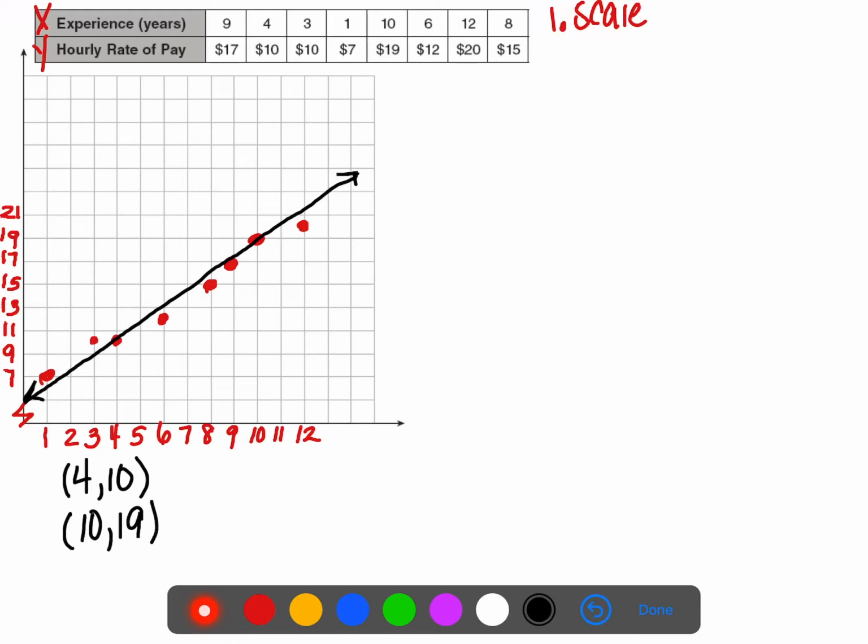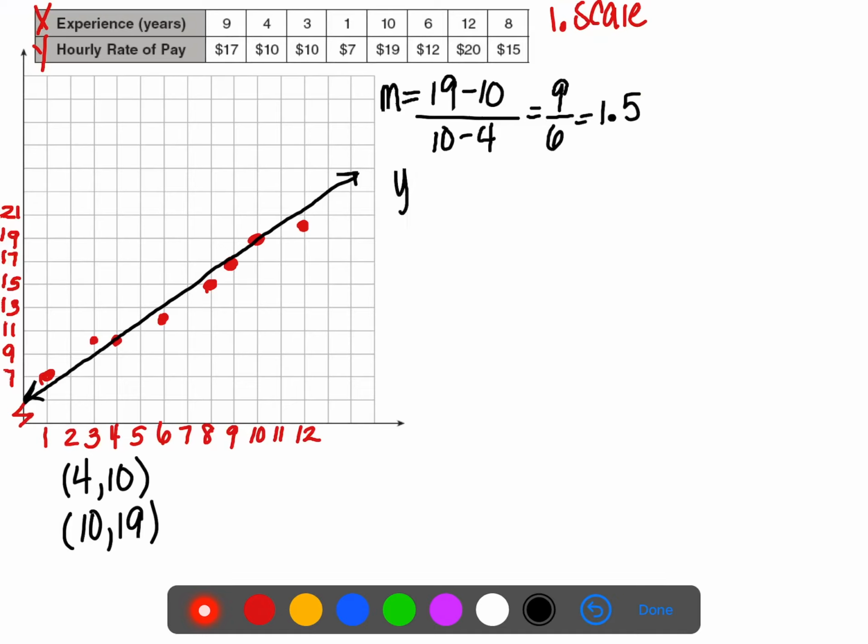When I do my best fit line, I'm going to first find my slope. Again, for scatter plots, you can divide this out. That's a nice decimal anyway.